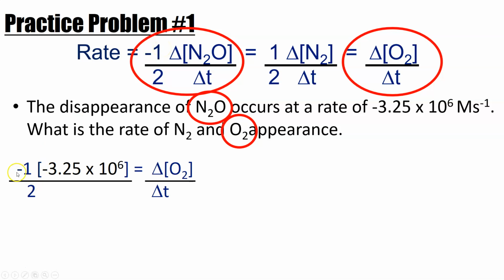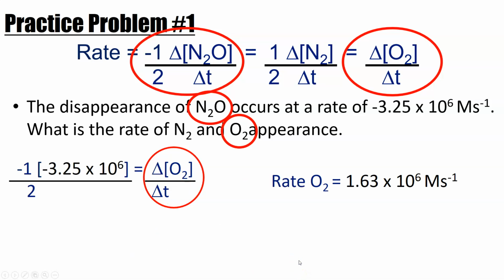So negative 1/2 times my disappearance of N2O rate equals the other part of the rate expression. The nice thing is there's no fraction over here to worry about, is there? There's no junk. I'm solving for this whole piece. And we get our answer. You can see the double negatives canceled since this was a product.